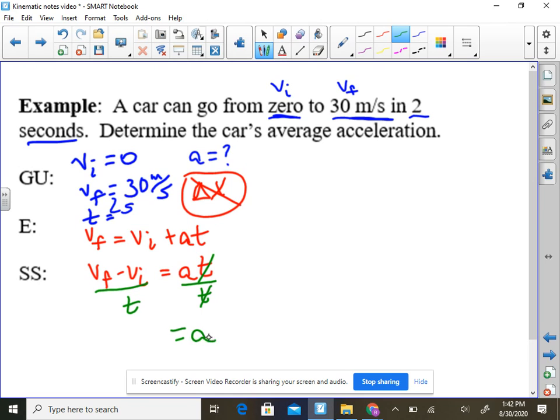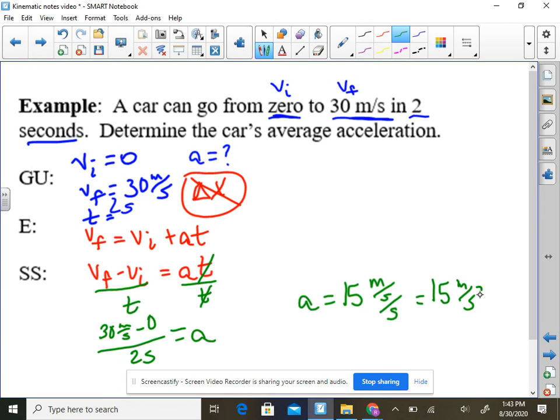And so I end up with a final velocity of 30 meters per second minus an initial velocity of 0 over that 2 seconds. So I get an acceleration of 15 meters per second every second, or I could say 15 meters per second squared.